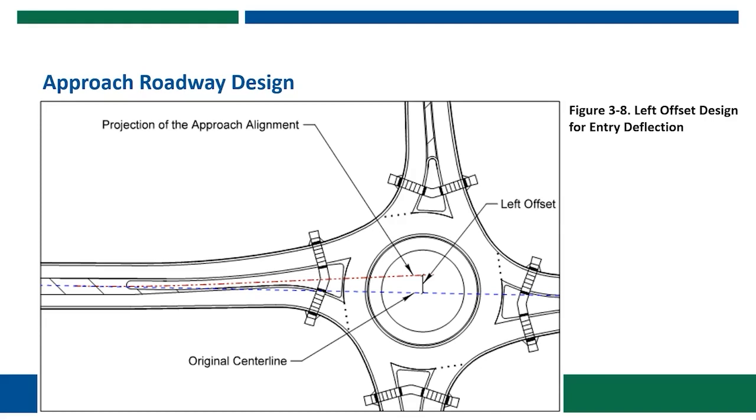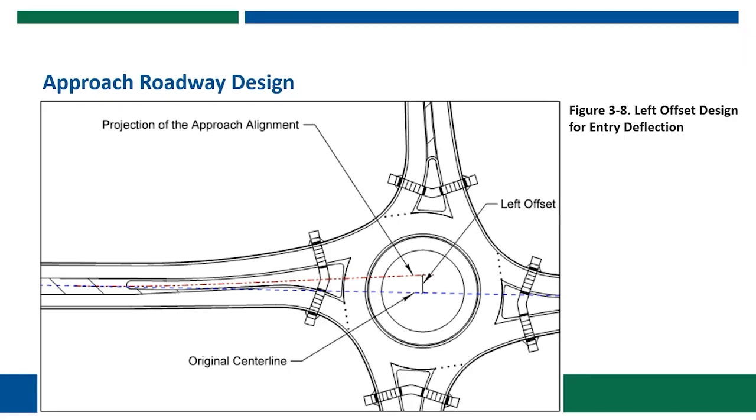It allows designers to work with smaller circle diameters without increasing impacts because the offset left geometry allows us to reduce speeds to a greater degree. It may increase the exit radius, which reduces control of exit speeds and acceleration, but it improves stopping sight distance to the exit crosswalk.